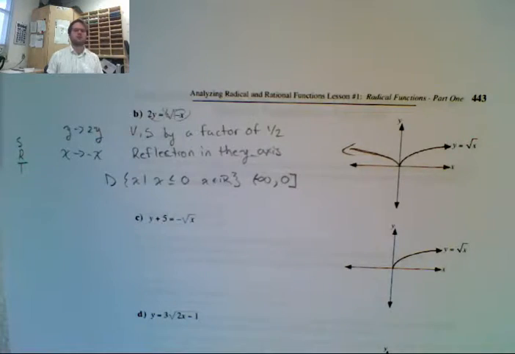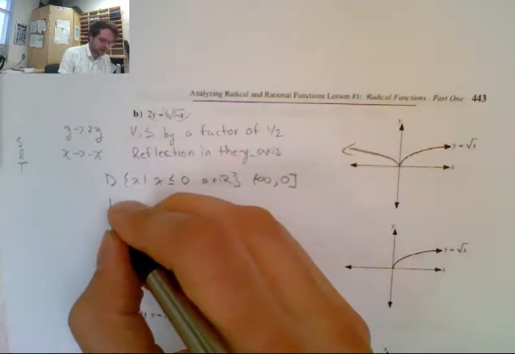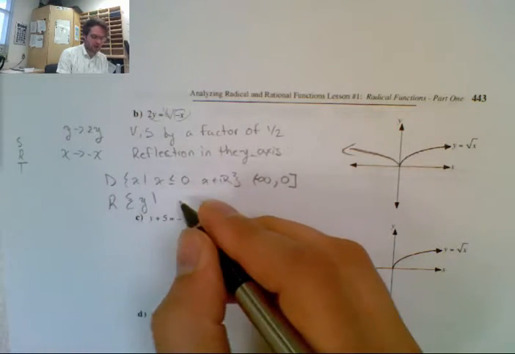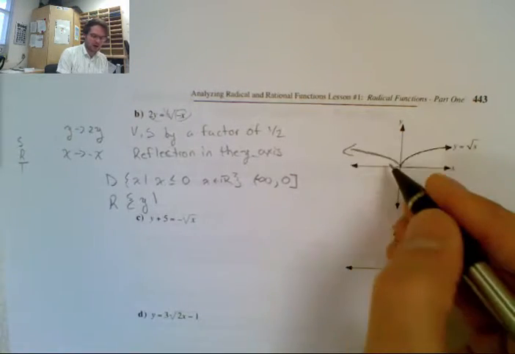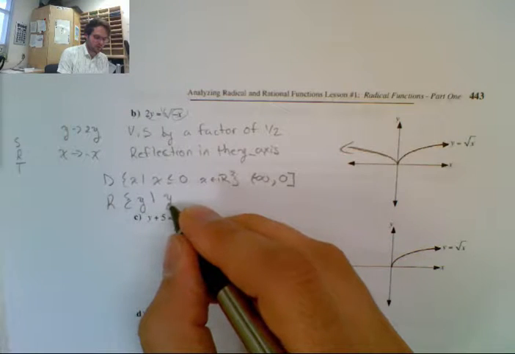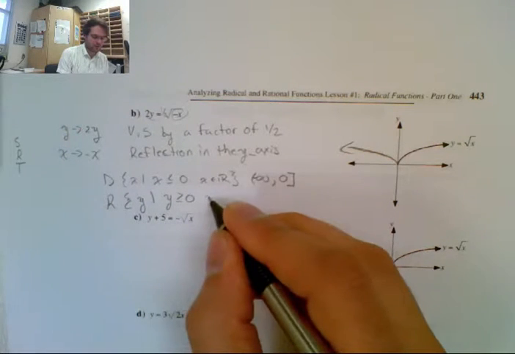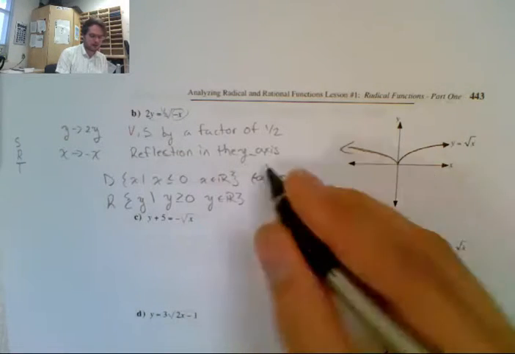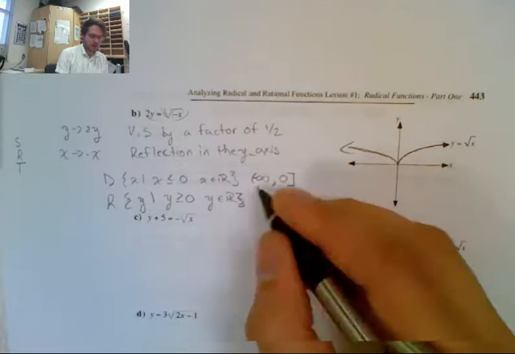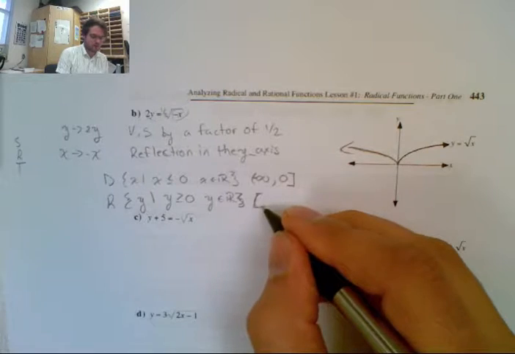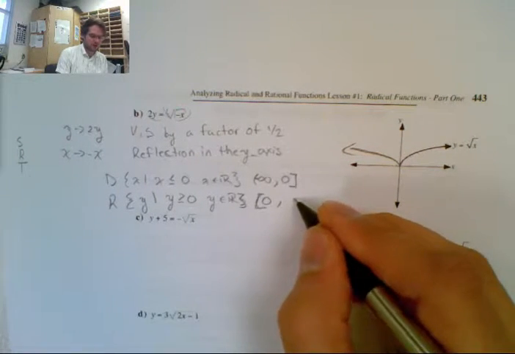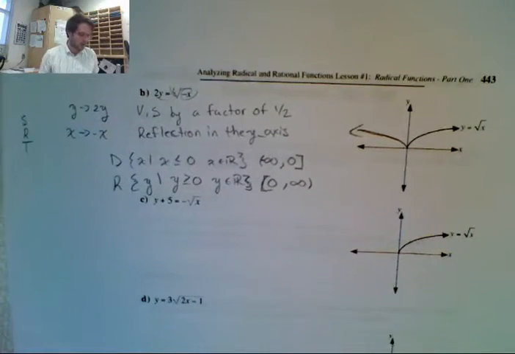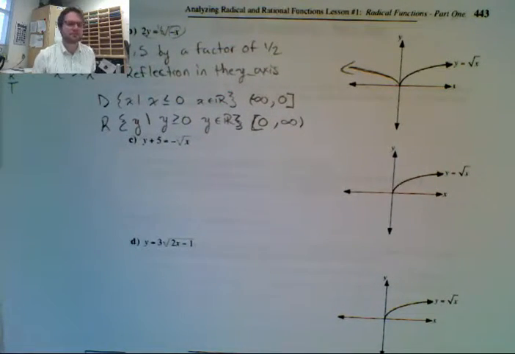And it could equal 0, so we put the closed bracket. Now let's take a look at my range. We're going to have y such that y must be greater than or equal to 0, y is an element of all real numbers. In this case, we have a closed bracket because it can equal 0, and it goes on forever infinitely that way.